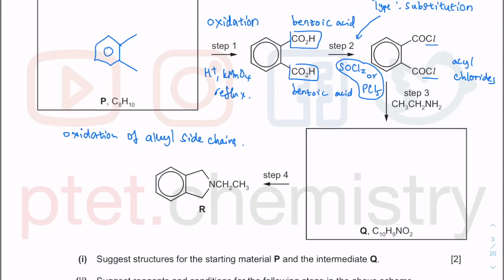In step 3, this amine, this 2 carbon amine, is called ethylamine, and it has a lone pair on the nitrogen, which is the nucleophile. Then you have got delta plus on the carbonyl carbon of acyl chloride, very susceptible to attack by this nitrogen lone pair.